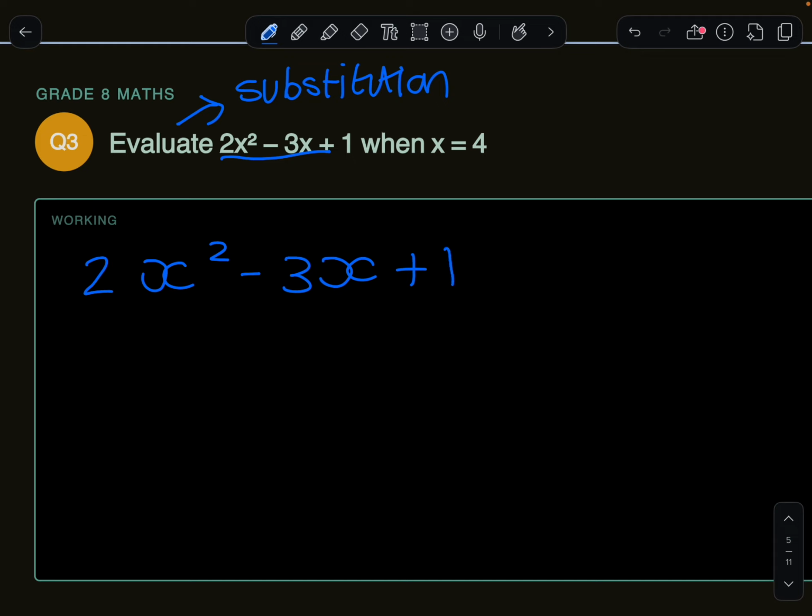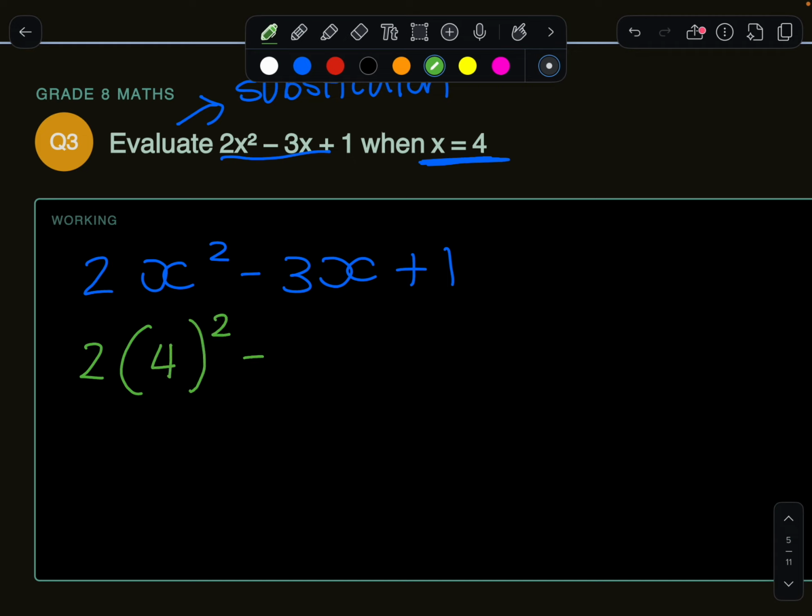All they want you to do is put in x is equal to 4. Wherever there's an x, you put 4 in instead. So 2 times 4 squared minus 3 times 4 plus 1.